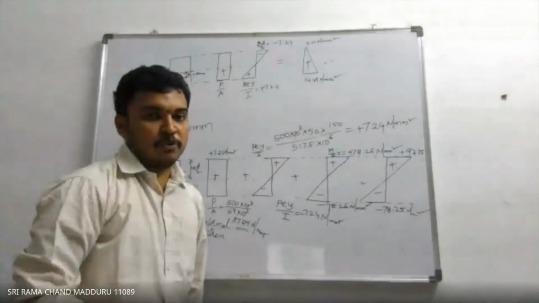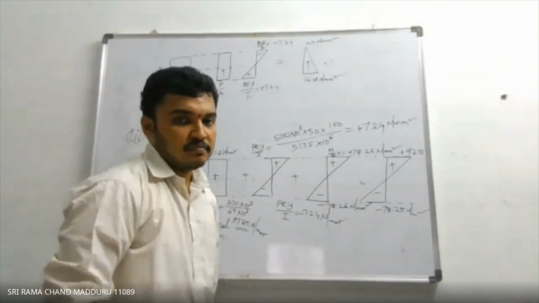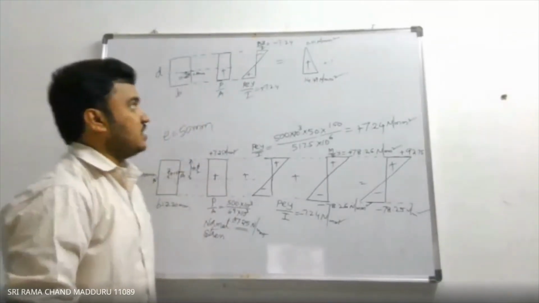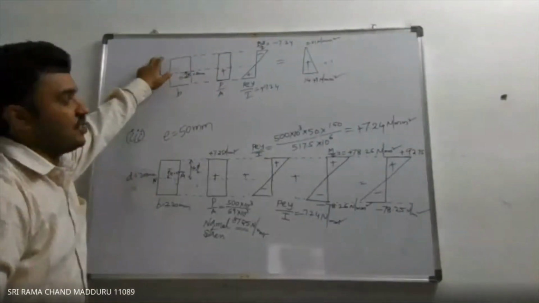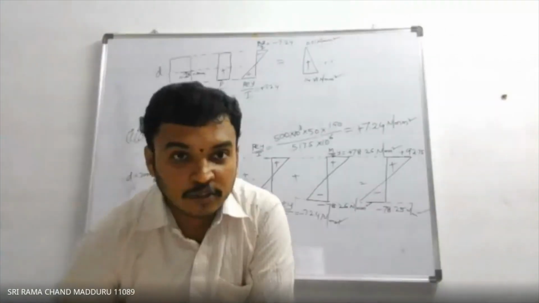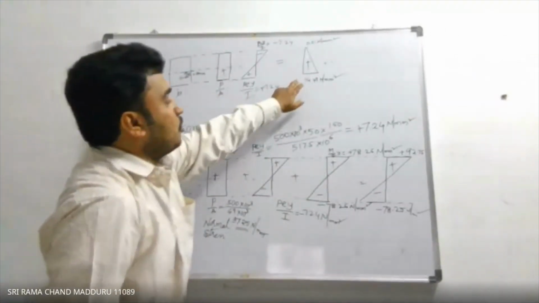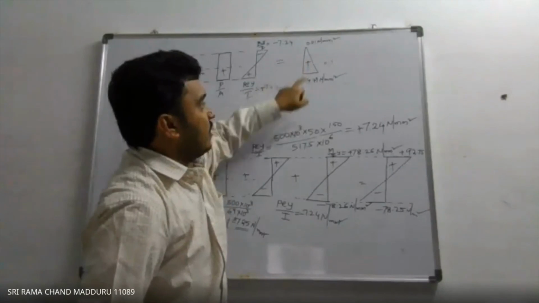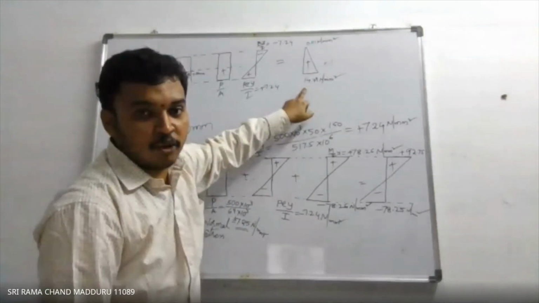Resultant stress distribution for case 2 condition. That means resultant stress distribution at top fiber, resultant stress distribution at the bottom fiber.